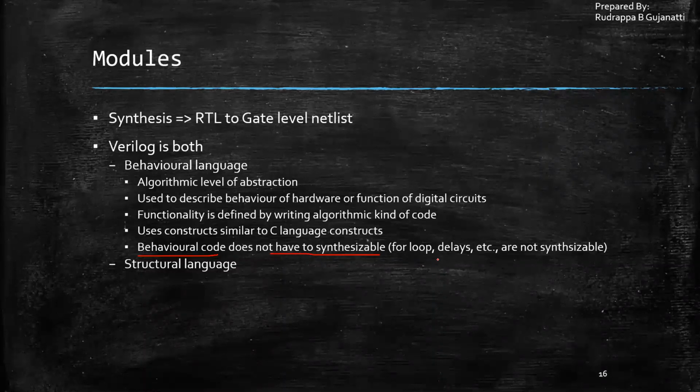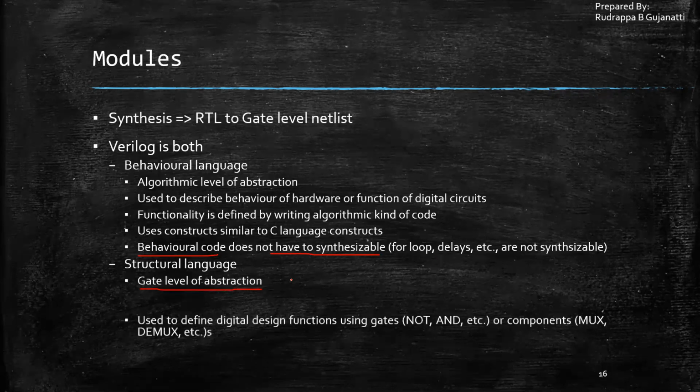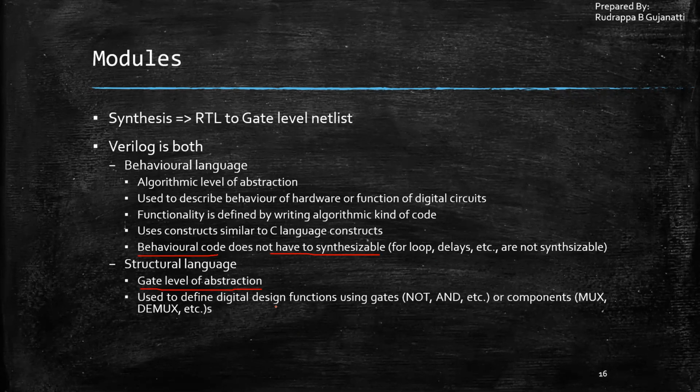Now Verilog is also a structural language, because using Verilog I can have gate level abstraction presented for the design description. Next, I can use digital design functions. I can define these functions using gates such as the NOT gate, AND gate, and others. I can also make use of components such as MUX, DMUX, and others.